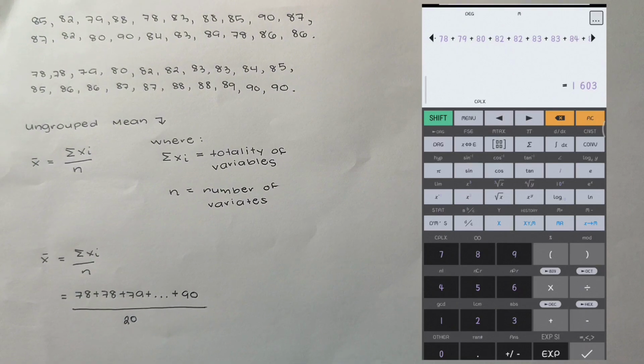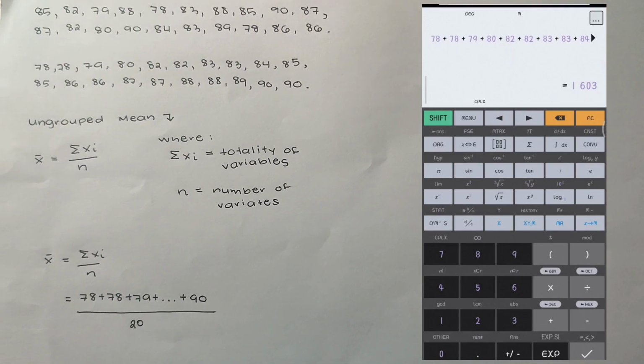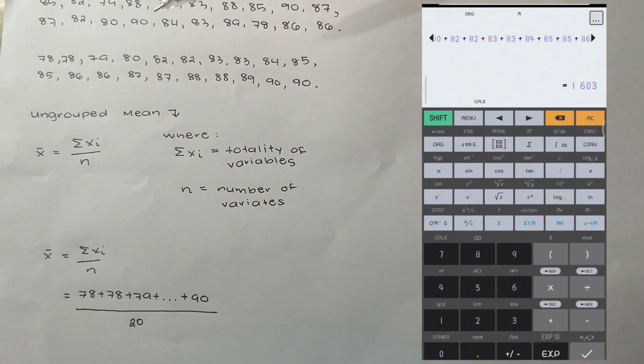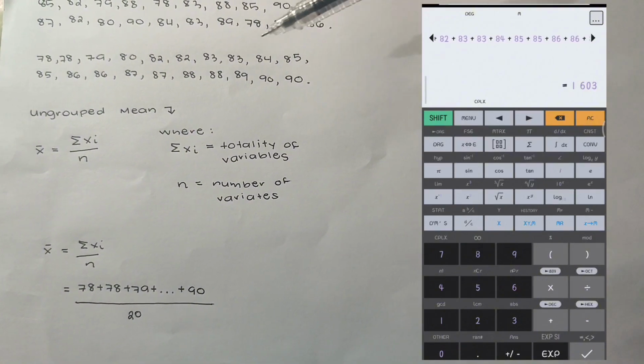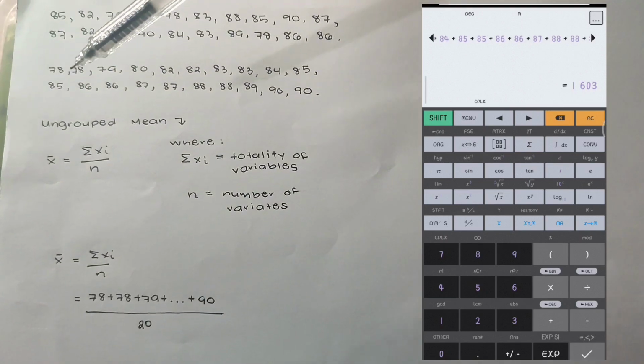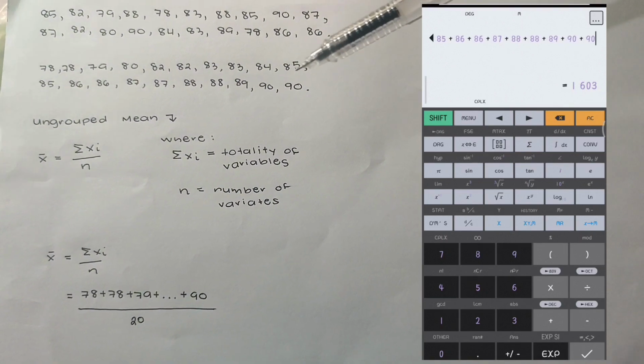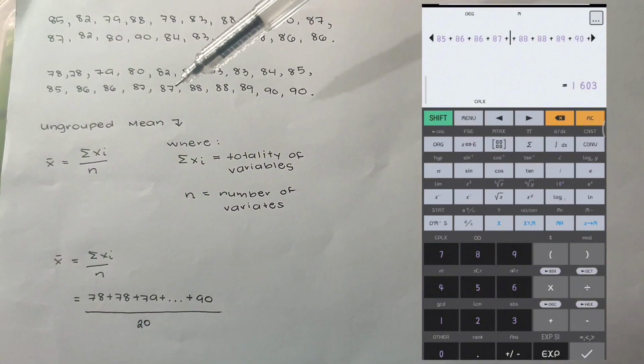If we add it all up, we have to make sure that every single variable in our data is included. In this case, we forgot to input the 87 as it appeared twice. So we have to be very careful in inputting our data.